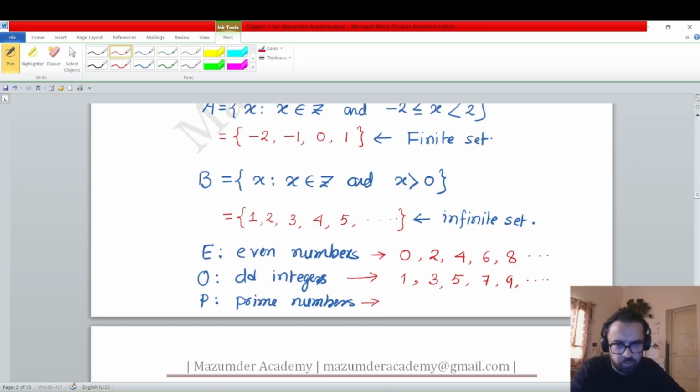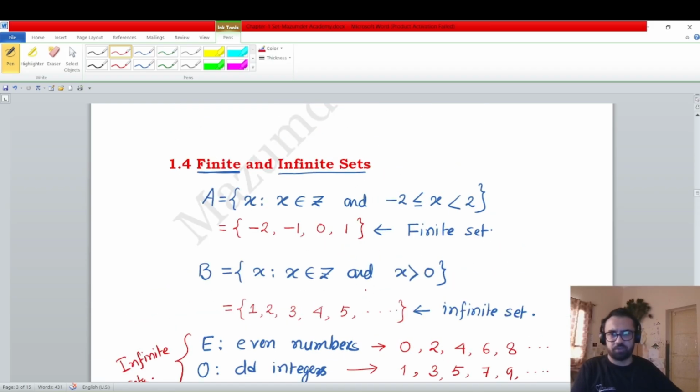And if I talk about the prime numbers, then it will be 2, 3, 5, 7, then 11, 13, like this. These are prime numbers. These all are infinite sets. So this is about your finite and infinite sets.